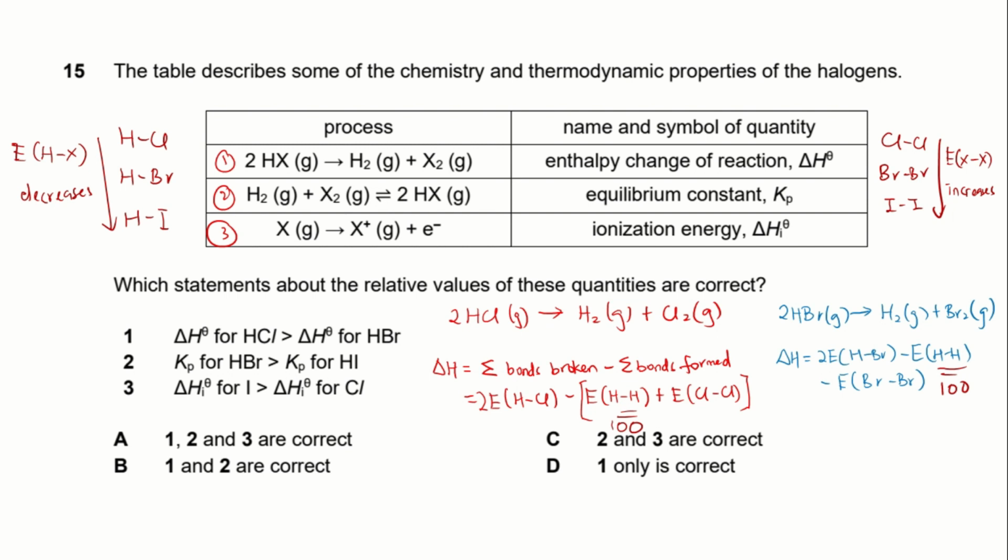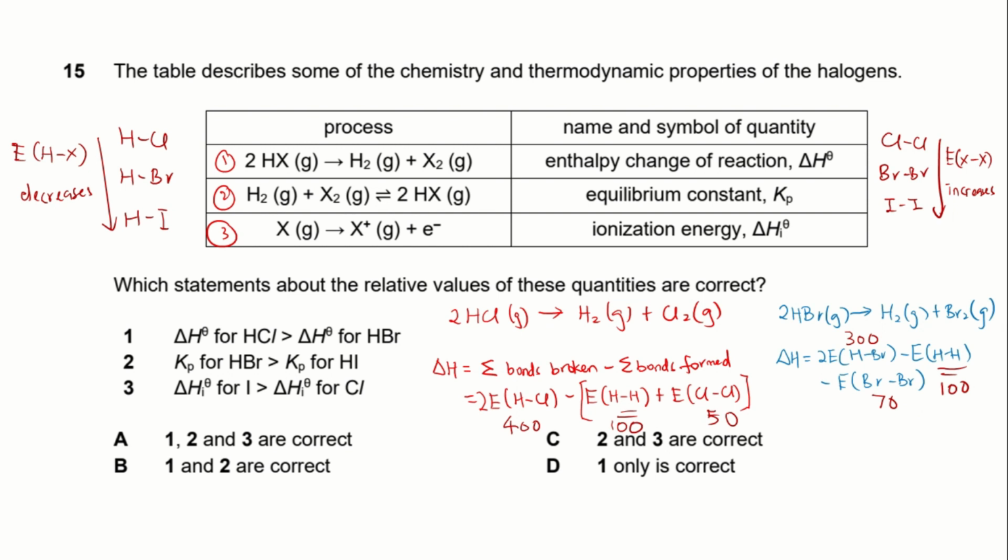The bond energy of HCl should be a larger value compared to the bond energy of HBr because it is decreasing going down the group. So I'm going to use a larger value here and a smaller value for HBr. Now, X2 bond energy for Cl-Cl should be a smaller value, Br-Br a larger value this time. So I've assumed that the bond energy has these values according to the trend.